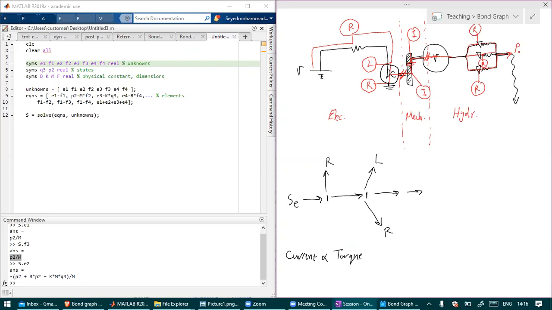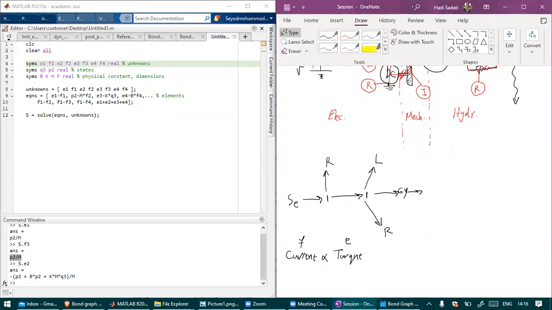So now the question is, what is current on the electrical side? Is it flow or effort? Flow. That's flow. And what is torque on the mechanical side? Is it flow or effort? Effort. That's effort. So we need to use a gyroscope, because here flow is converted to effort.